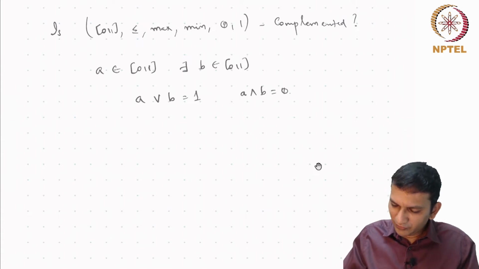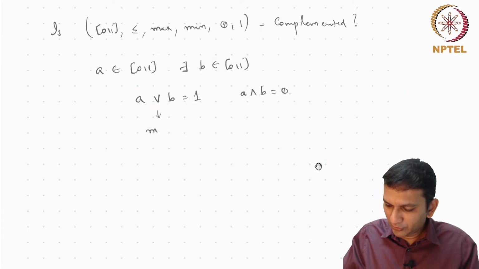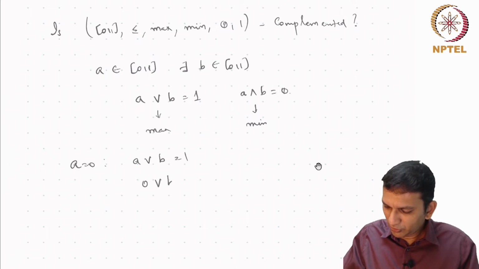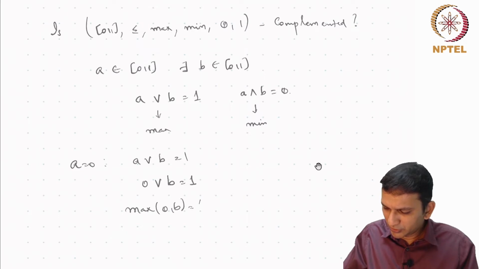So now we are going to take max for join and min for meet. Now if A is 0 and we are looking at A join B to be 1, this means 0 join B should be equal to 1. Interpreting this join as max, it's max of 0, B equal to 1.